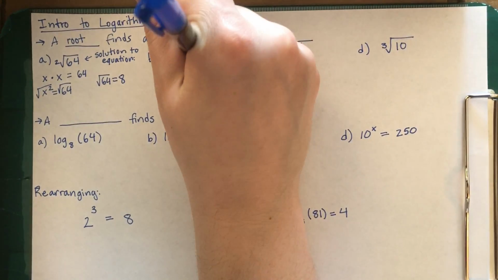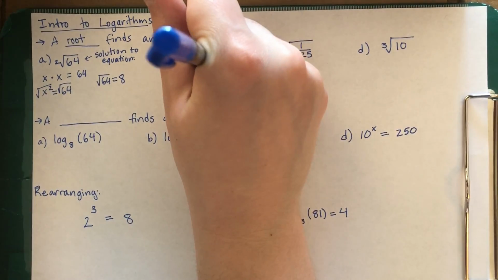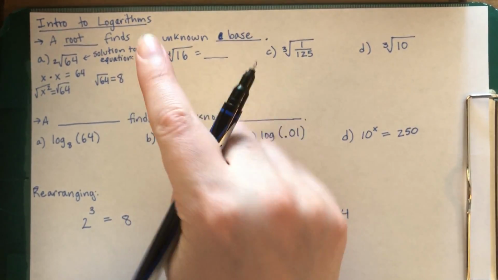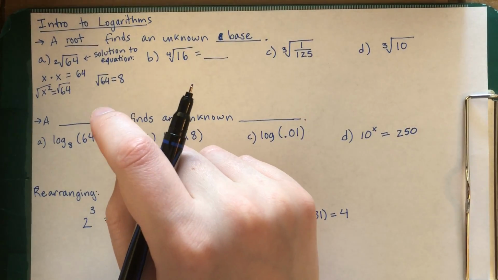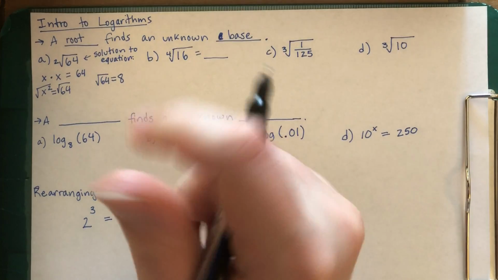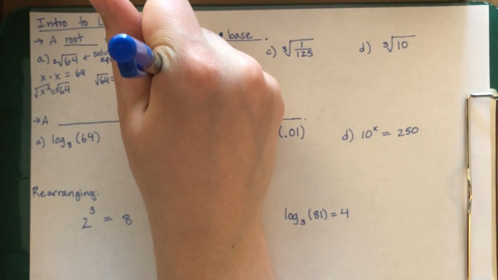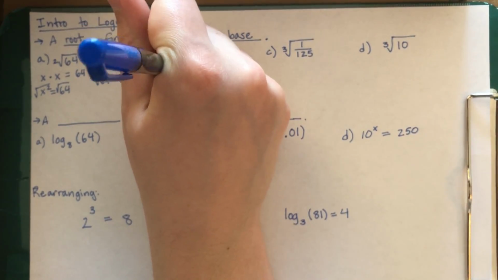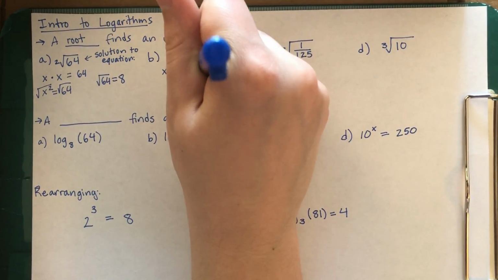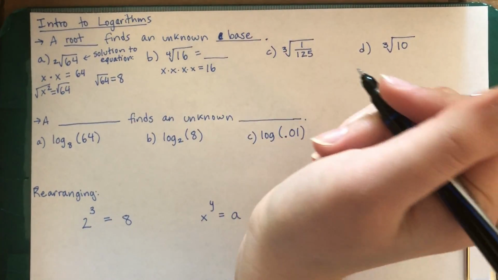Okay, for an equation like this, the 4th root of 16, I want to know what this equals. To do that, I could use a calculator to just give me the answer, but I also could think about what that missing number should be. x times x times x times x, the same number multiplied with itself 4 times, should equal 16.